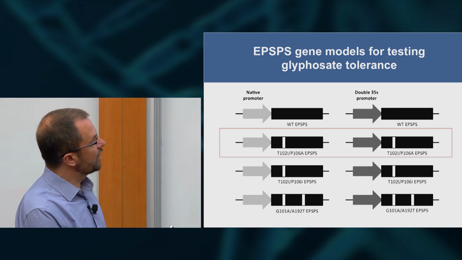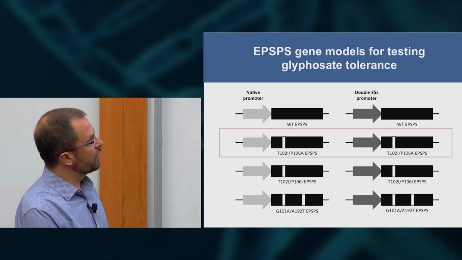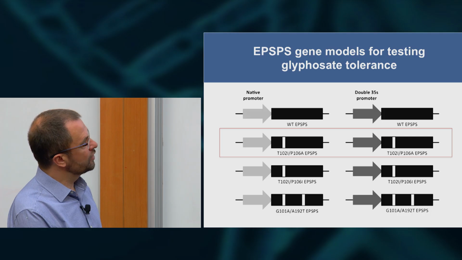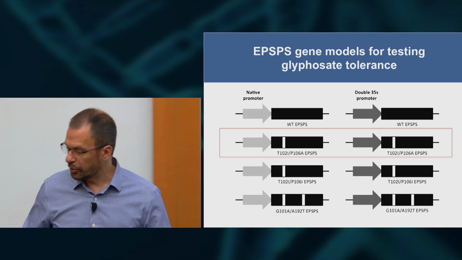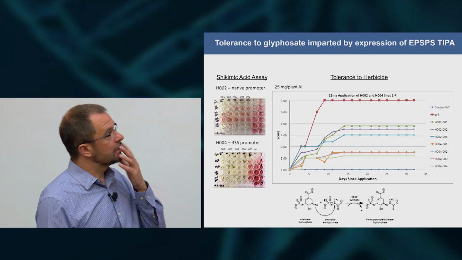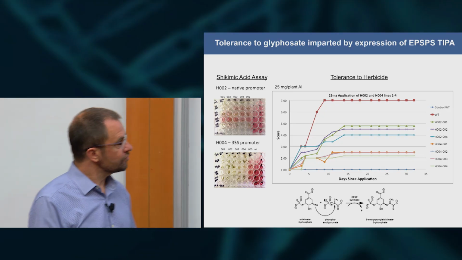These are 2 amino acid substitutions in close proximity, TIPA, just 4 amino acids apart within exon 2 of the coding sequence. And they're driven by either the native promoter or by a very strong viral promoter. Now again, these are transgenic plants that carry these constructs.